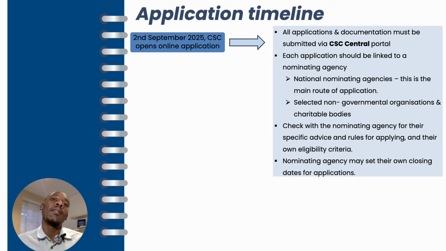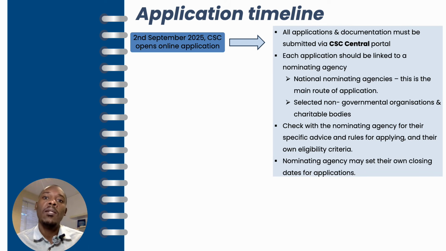This can either be a national nominating agency, which is usually the Minister of Higher Education in your country, or any other ministry that is assigned by the Commonwealth Scholarship Commission in your country to oversee the selection process. This is the main route in which you can apply. Then there are other routes, which are through non-governmental organizations and other charitable bodies.